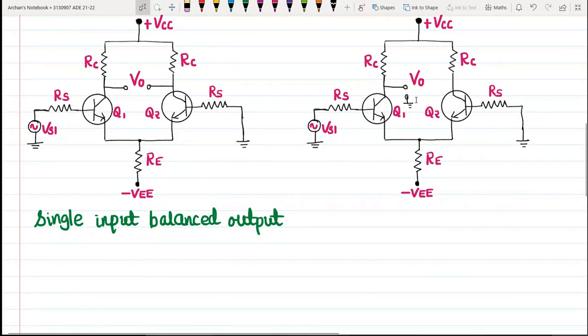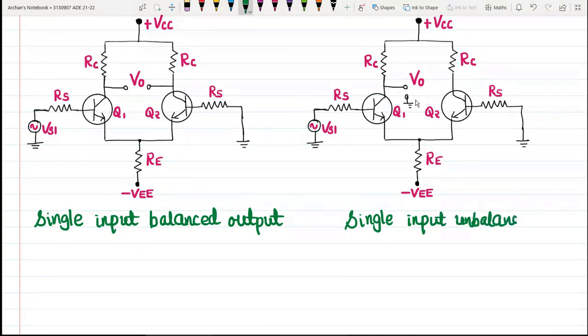So this configuration is known as single input unbalanced output.